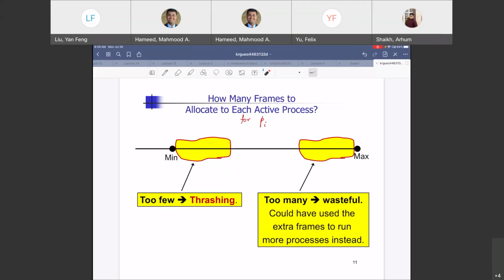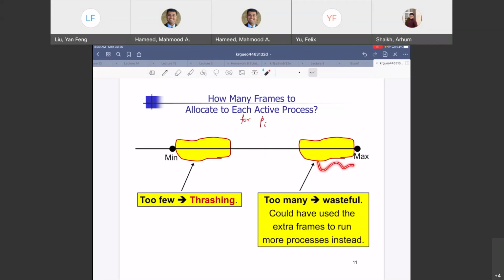If you go all the way over here, then you have too many, which is good news for that particular process, but it is wasteful in general because you could have used those extra frames to run more processes. You could have been over here somewhere and have a high degree of multiprogramming.